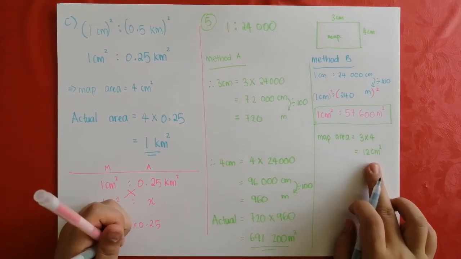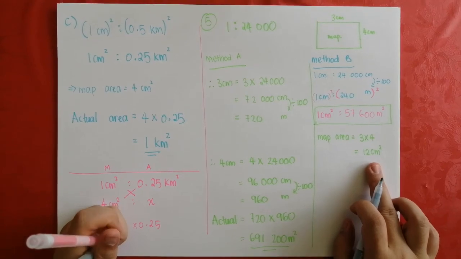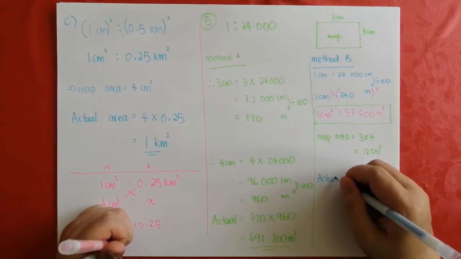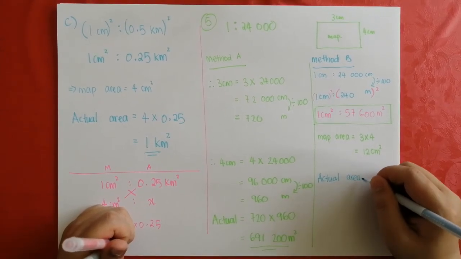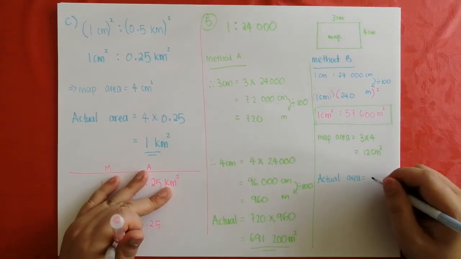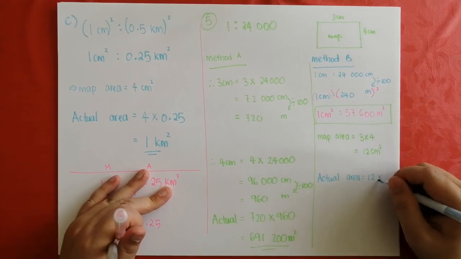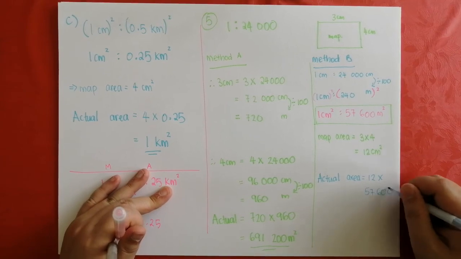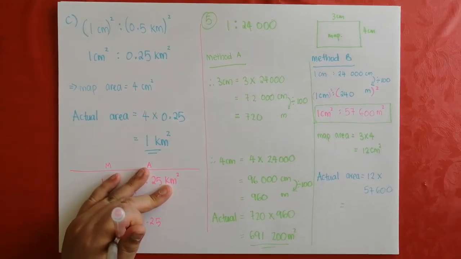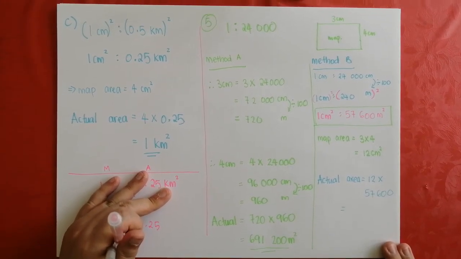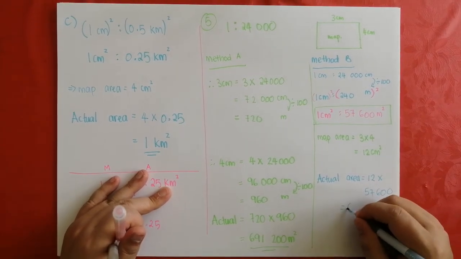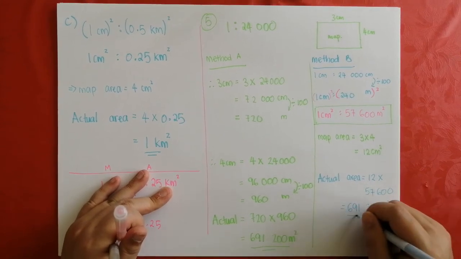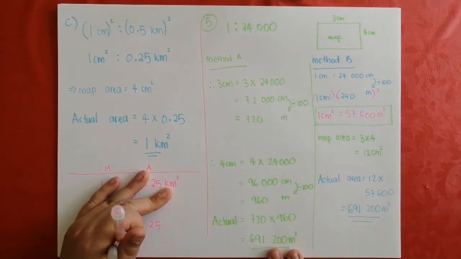So for the map area of 12 square centimeter, what will be the actual area? The actual is whatever you have on the map multiplied by your scale, 57,600. So 12 multiplied by 57,600 gives you 691,200 square meter. Same answer.